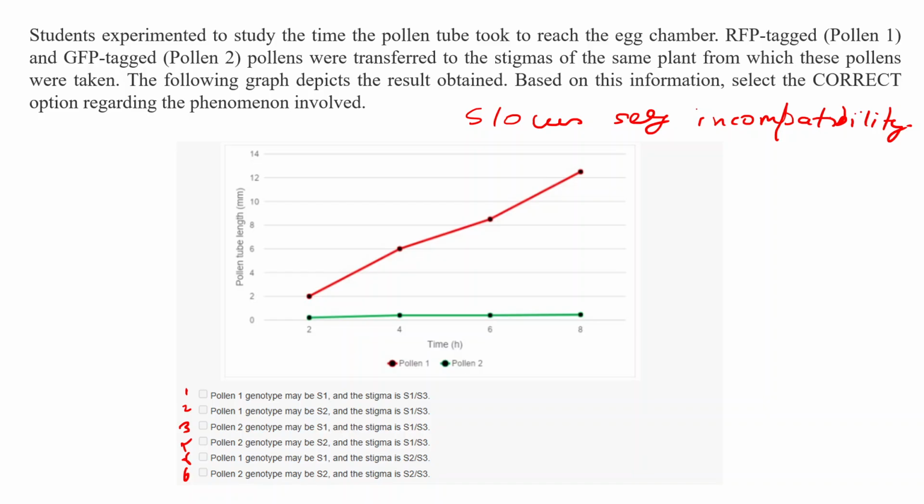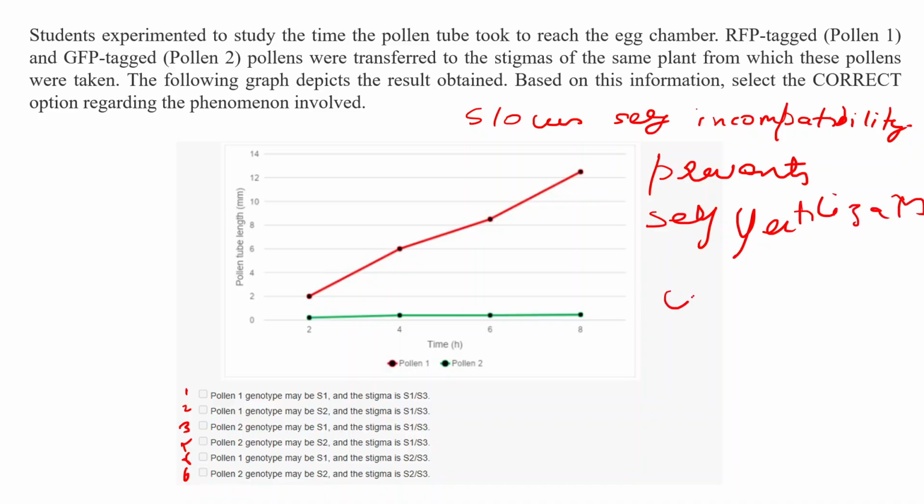This phenomenon is a genetic mechanism in flowering plants that prevents self fertilization and promotes cross pollination.